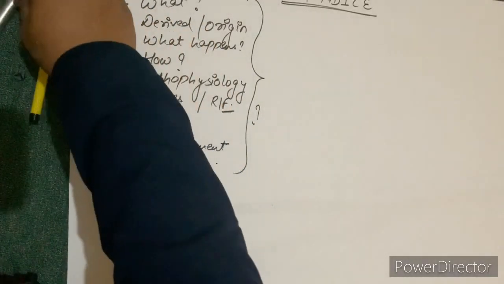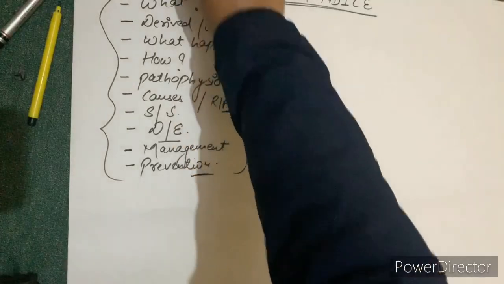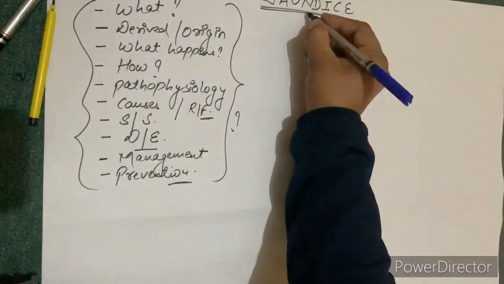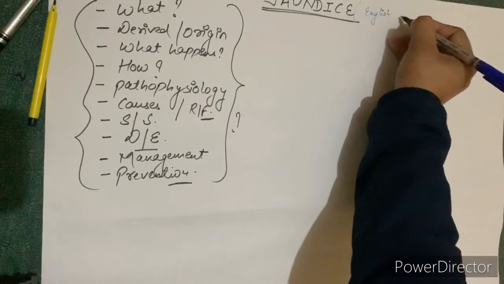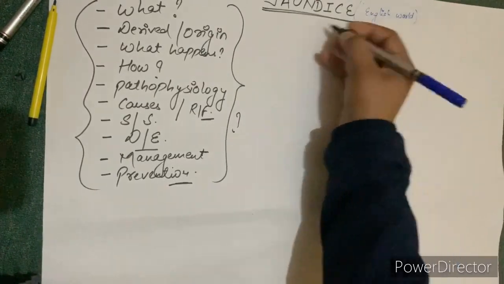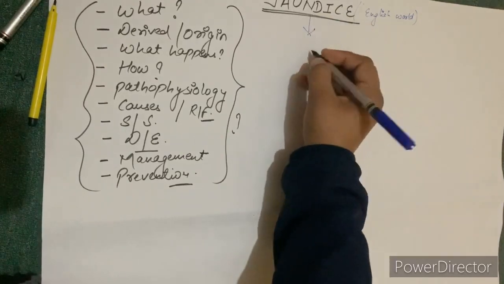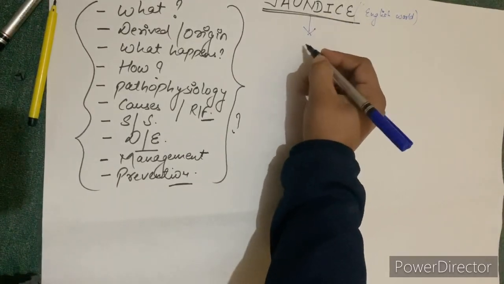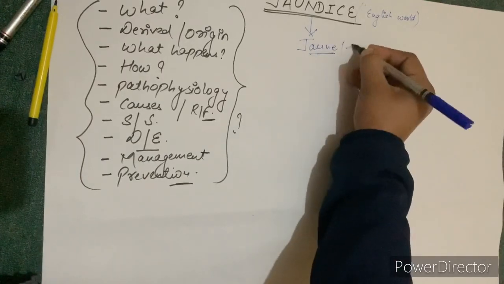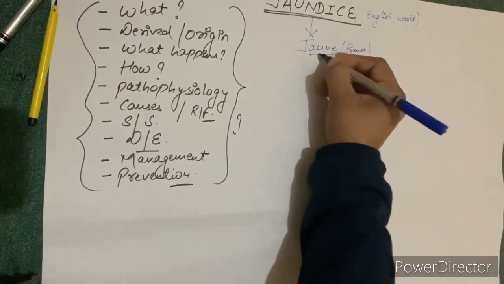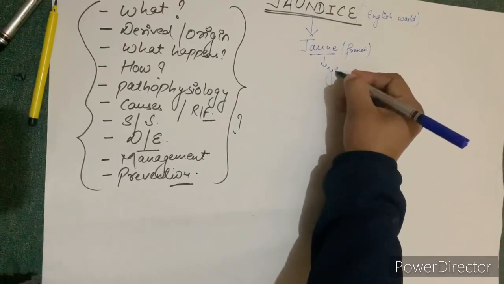First we discuss what is jaundice. Jaundice is an English word, which is derived, or you can say taken, from a French word, jaunir. This French word means yellow.